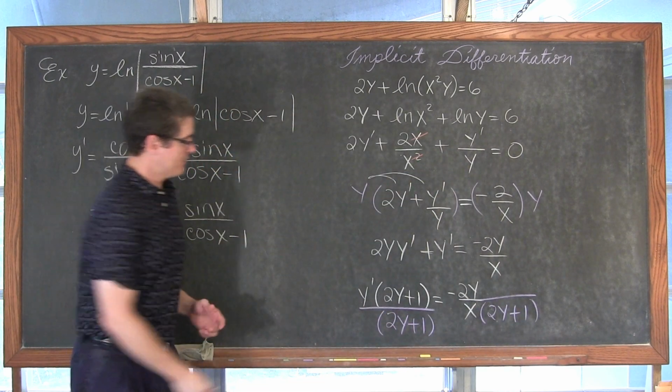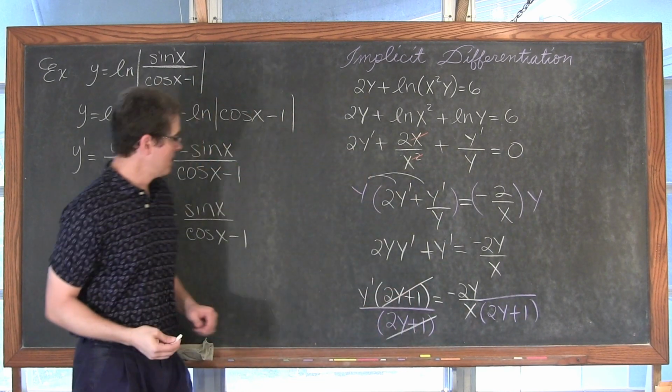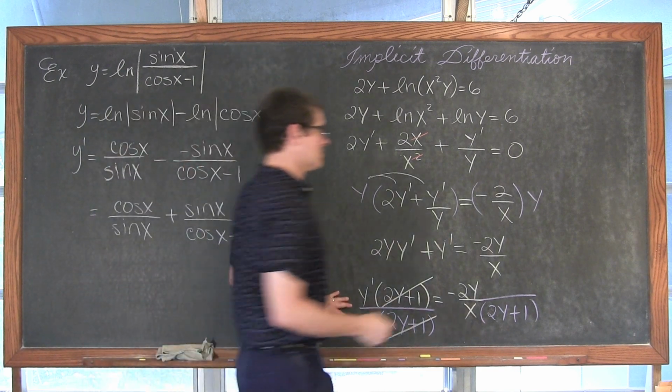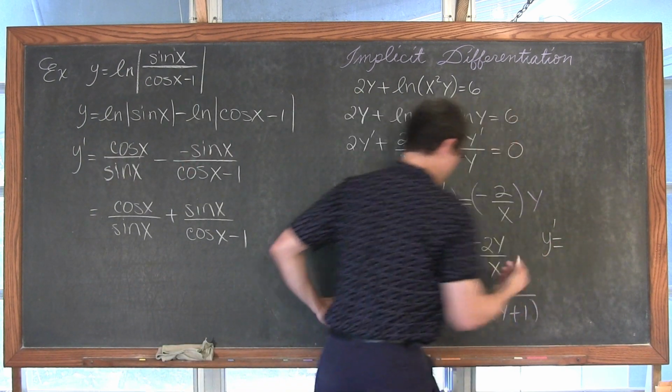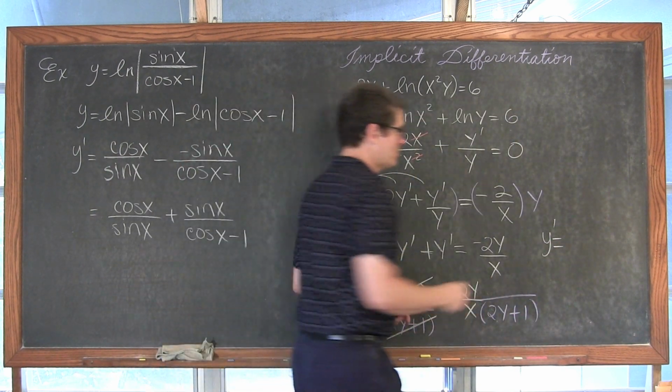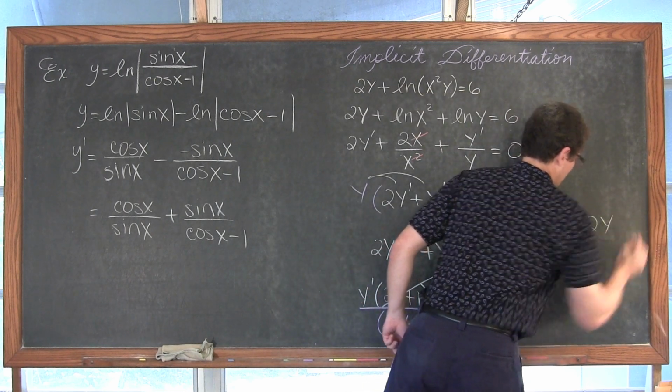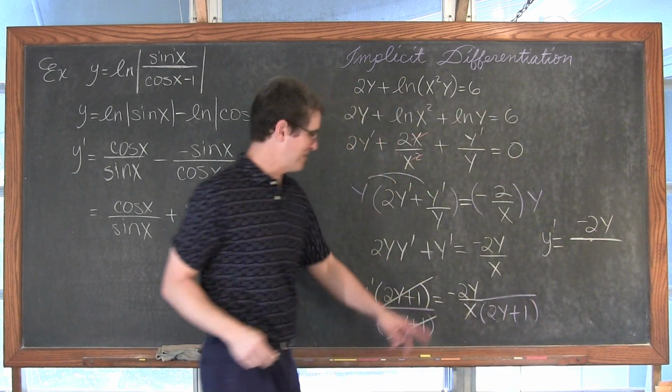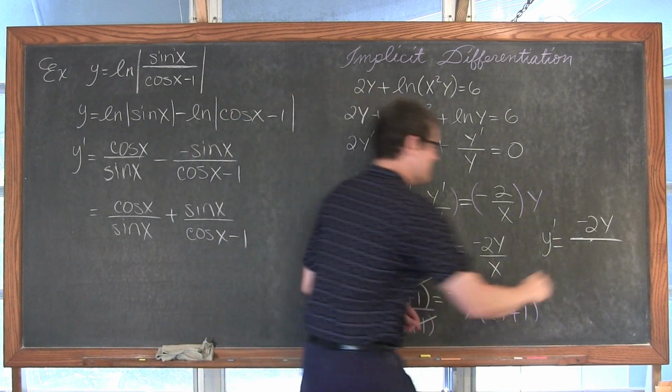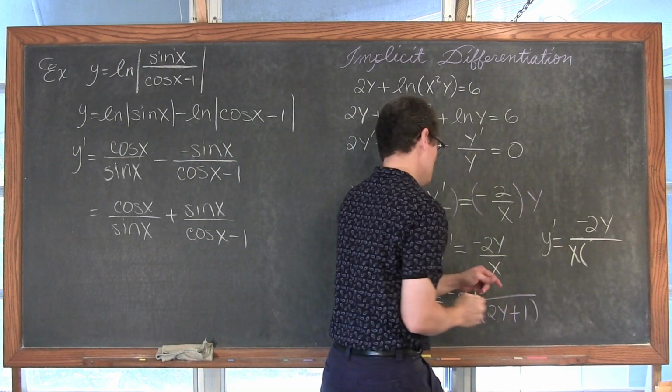And when we do that, of course, this cancels out, and our final answer is going to be y prime equals negative 2y over x times 2y plus 1.